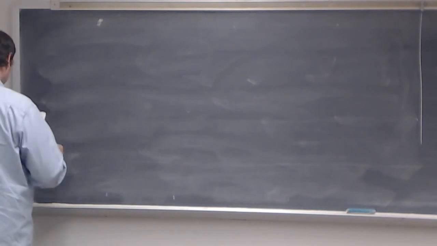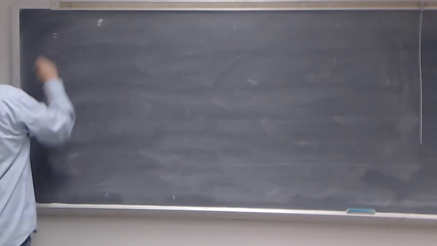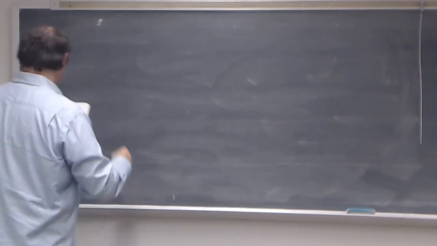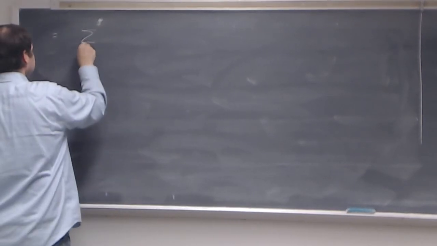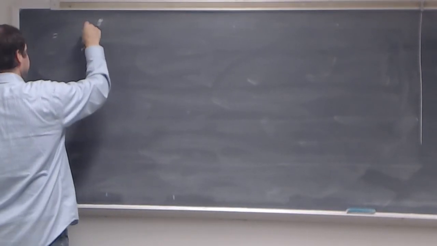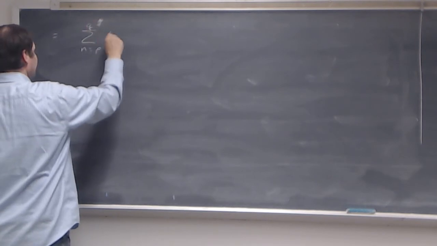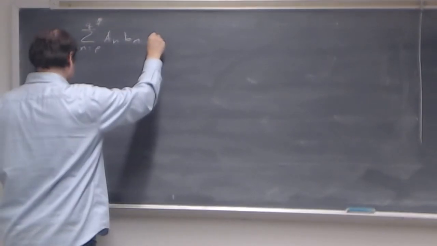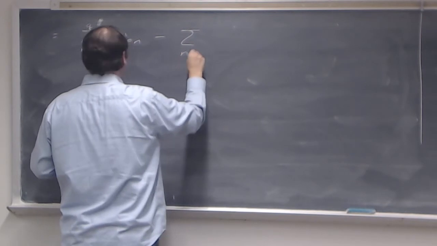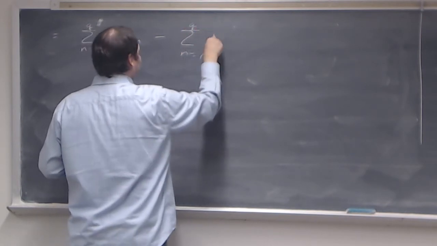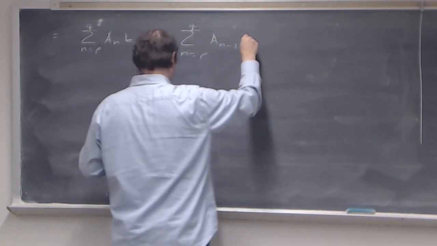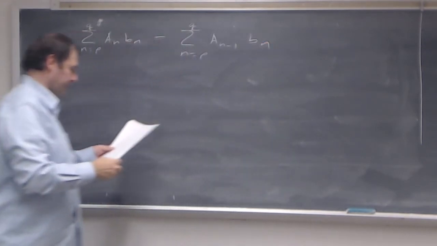So that sum we just wrote, you can break that up into two sums, if you will. So it's the sum as n runs from p to q of A sub n, b sub n, minus the sum as n runs from p to q of A sub n minus 1 times b sub n.